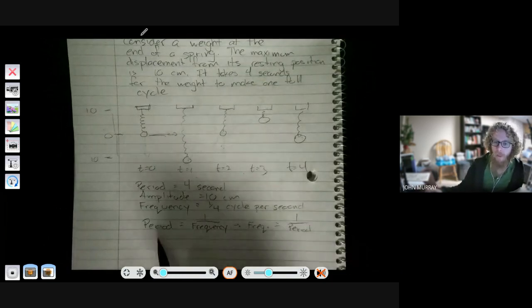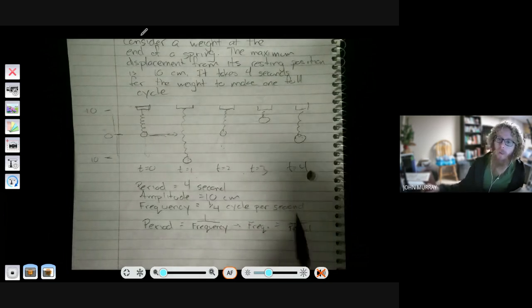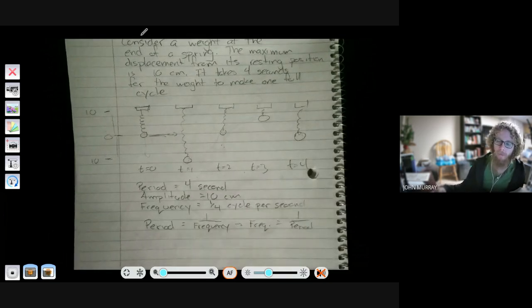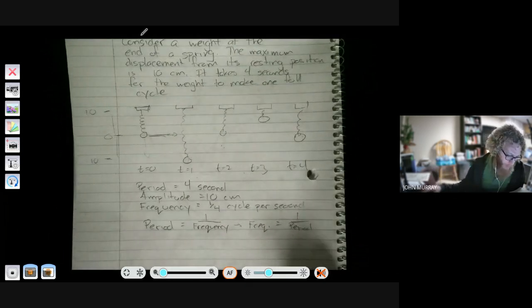That's why I said it's inverse. The period is equal to 1 over the frequency, or we can say the frequency is equal to 1 over the period. So if we know one, we pretty much know the second one.